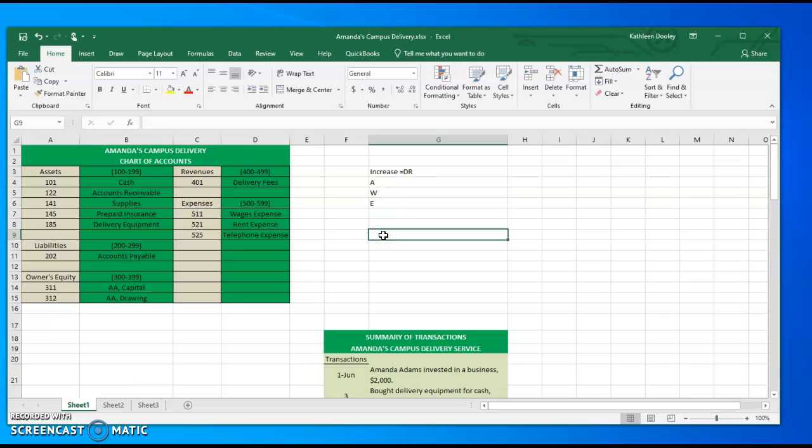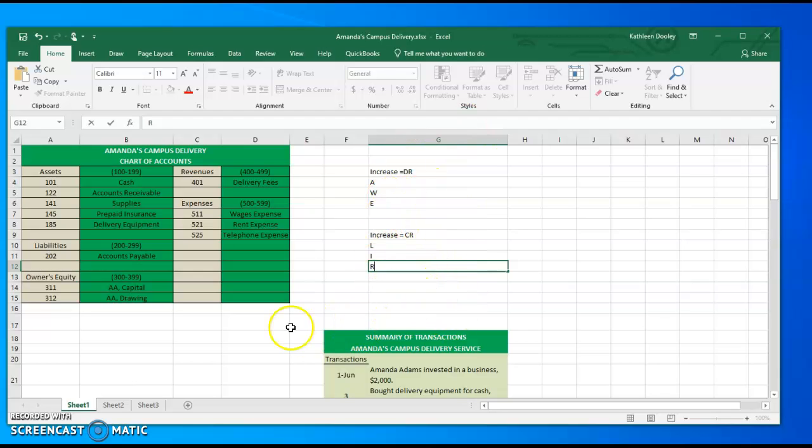And then an increase equals credit for L, which is liabilities, I, which is owner investment, and R, which is revenue. Okay, so this is our debit credit chart, and this is in D2L, but I just went ahead and typed it on here.